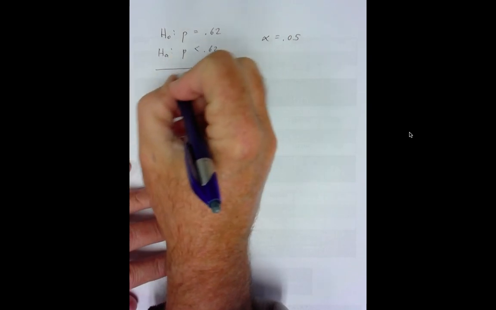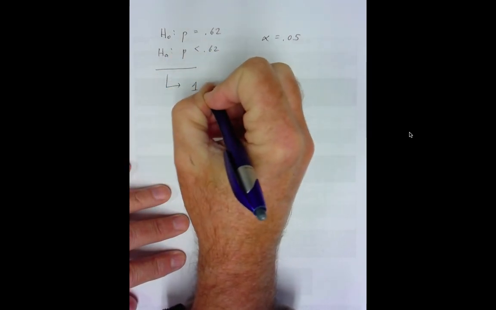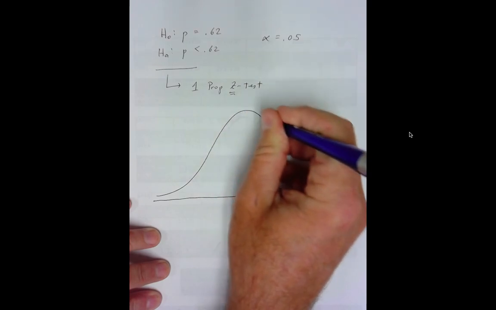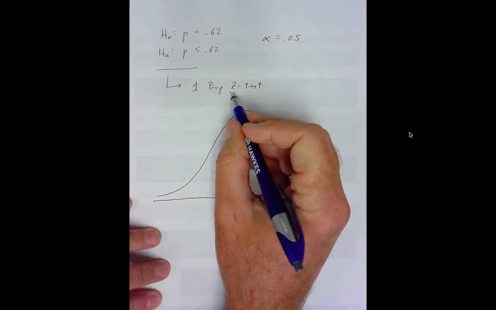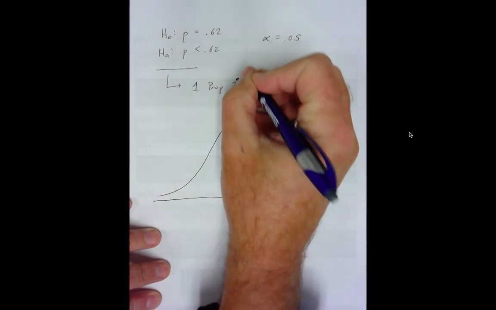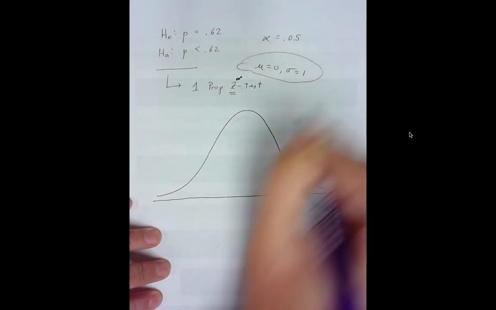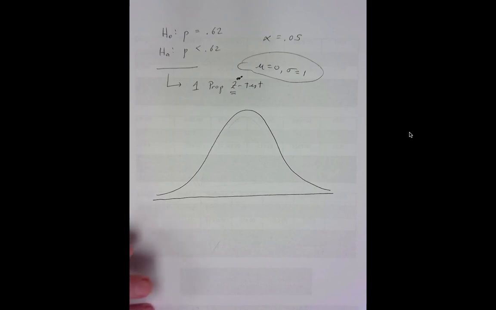Well, guys, this type of test is called a one-prop z-test. It uses the z-distribution instead of the t-distribution. So, different distribution. This one doesn't rely on the degrees of freedom. This one has mean 0, standard deviation equal to 1.